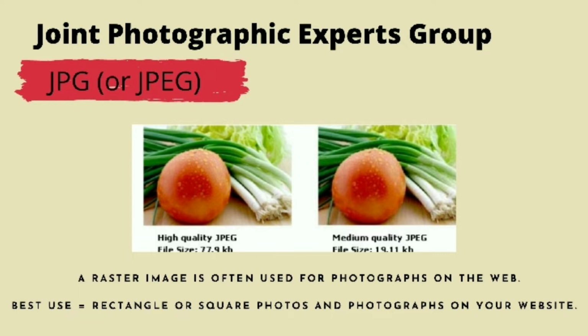On the web, you want your image files to be as small as they can be, so your site loads quickly, but large enough to still appear crisp and not pixelated. A JPG cannot have a transparent background, so they're always in the shape of a rectangle or square with a solid background.